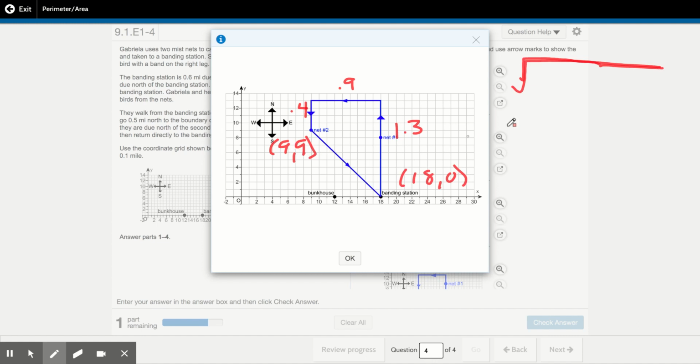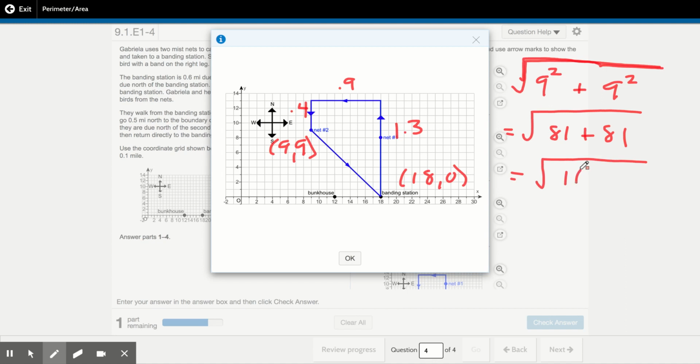So we know the difference of the y values will be 9 squared plus the difference of the x values will be 9 squared. So that means we have the square root of 81 plus 81, and that will give us the square root of 162.